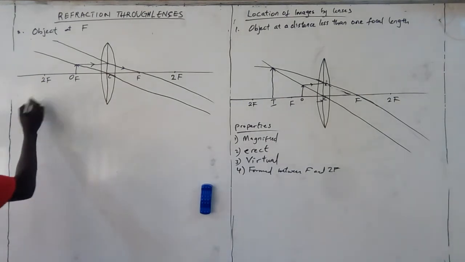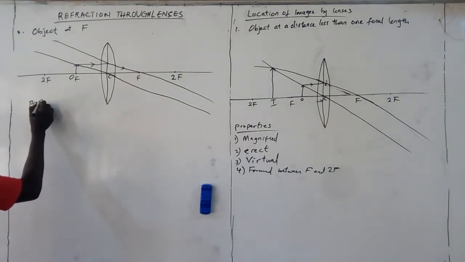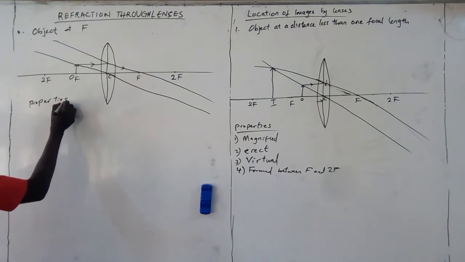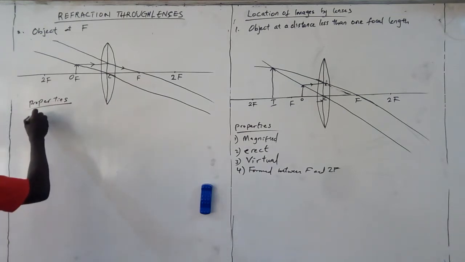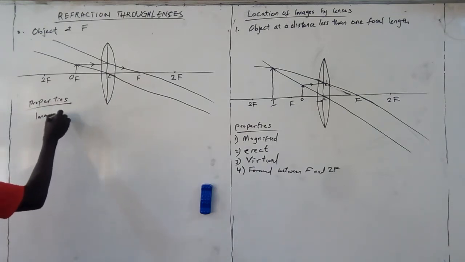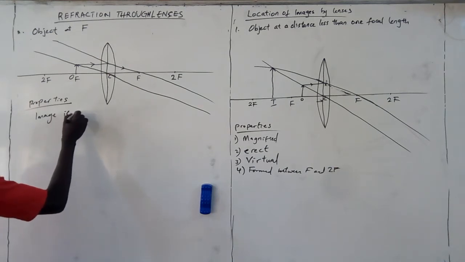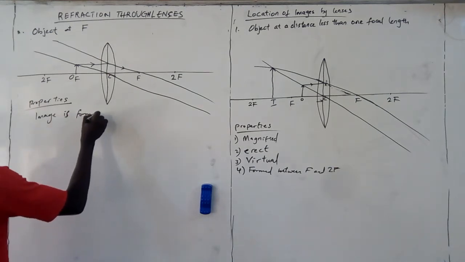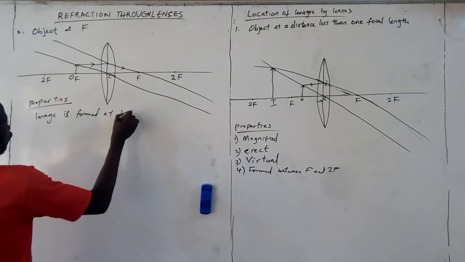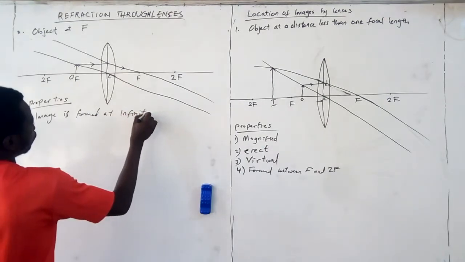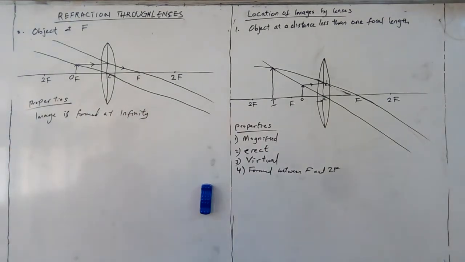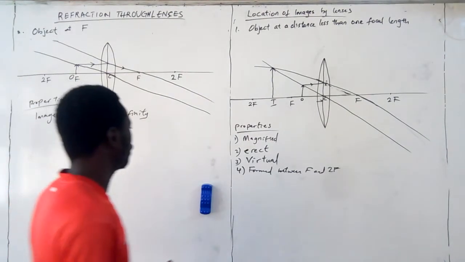So therefore, the property of this is that the image is formed at infinity.